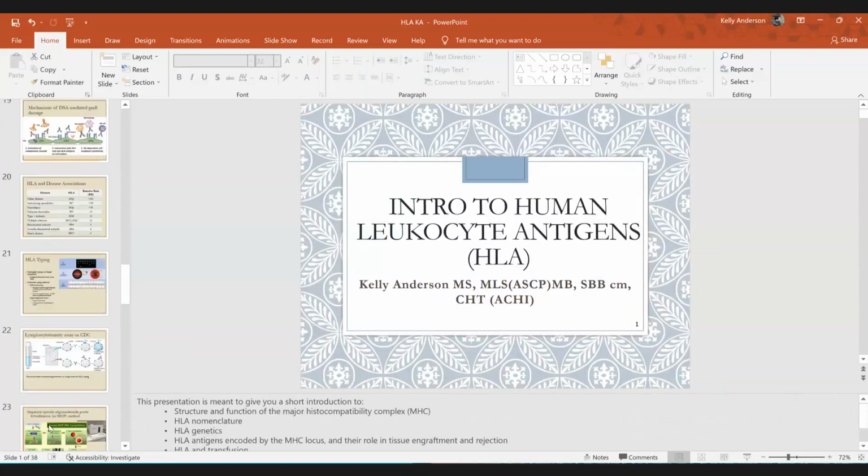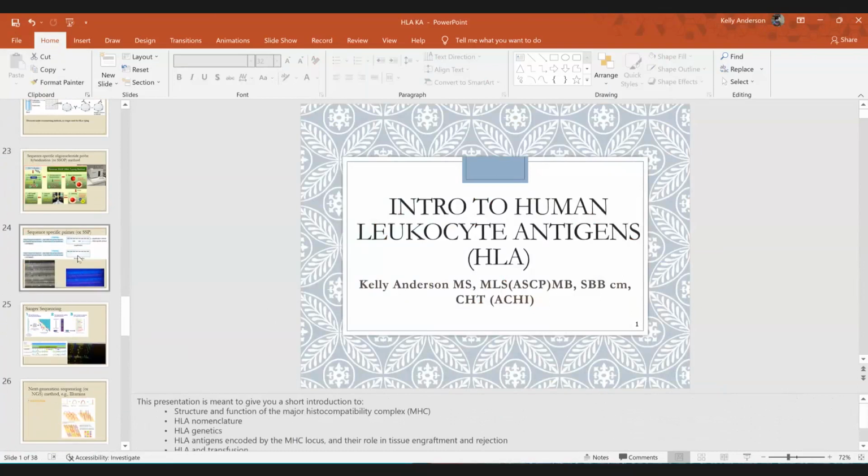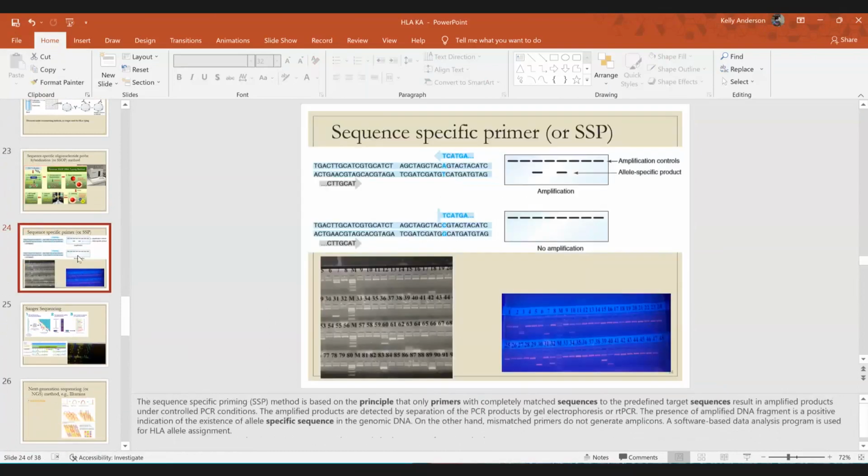Got it. I didn't get any for today, but I can post some examples. When you get a new kit for SSP or real-time PCR, they'll have a chart that shows all the options for HLA types on the left side, and then what positive reactions you should see if you have that type.